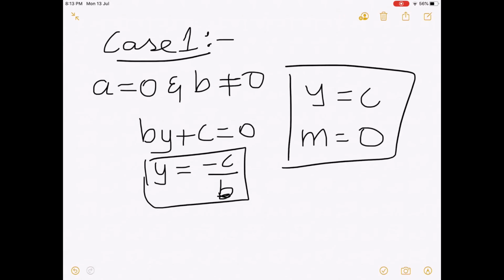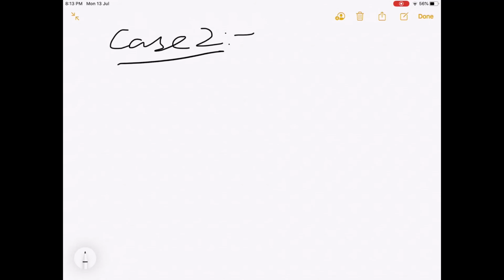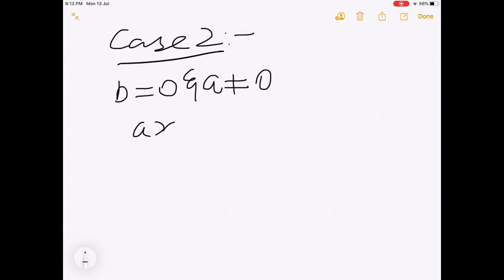Then case 2. So in case 2, the condition is b is equal to 0 and a is not equal to 0. So the equation will become ax plus c is equal to 0.